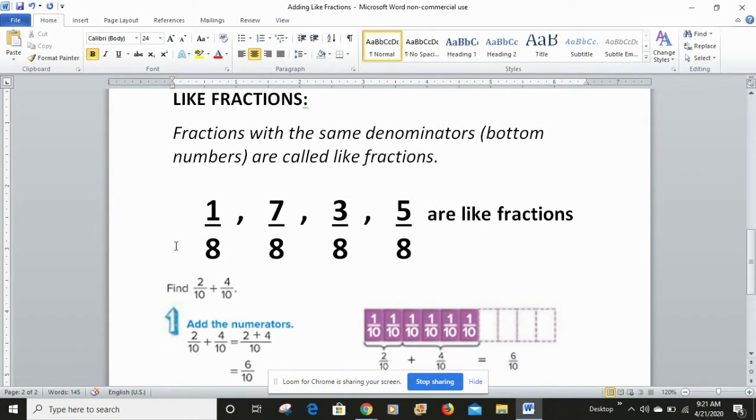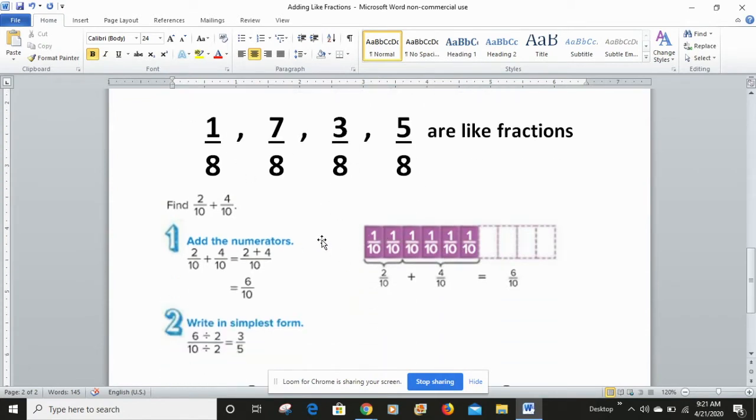And when we add fractions together, we never add the denominators. The denominator will just stay as it is. We add the numerators. So if I wanted to find out what's 2/10 plus 4/10, I would add the numerators. My denominator stays as 10. I would add the 2 and the 4, and then I would get 6/10.